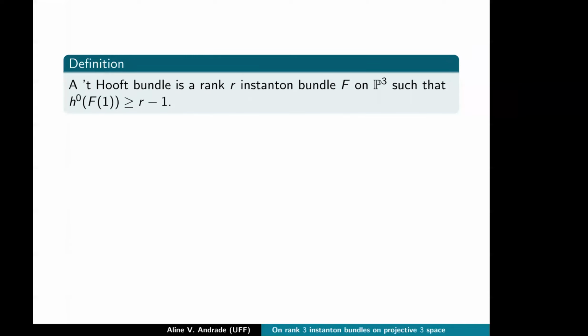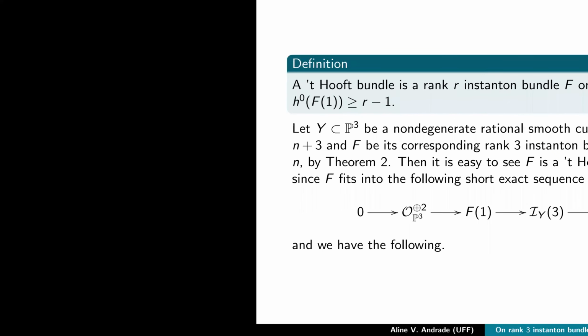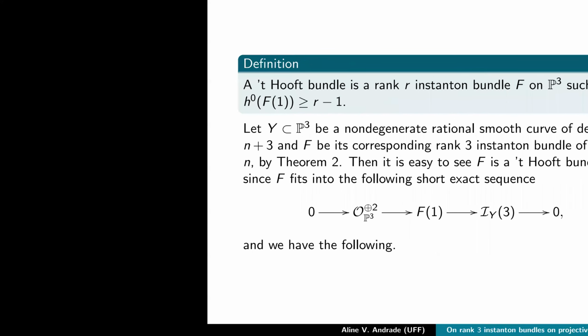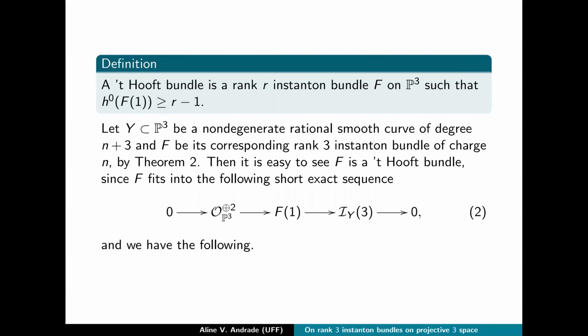Okay. So let Y on P3 be a node-generated rational smooth curve of degree n plus 3, and F be its corresponding rank 3 instanton bundle of charge n, given by the previous theorem. Then it is easy to see that F is a 't Hooft bundle, and so it fits in this exact sequence, and we have the following.